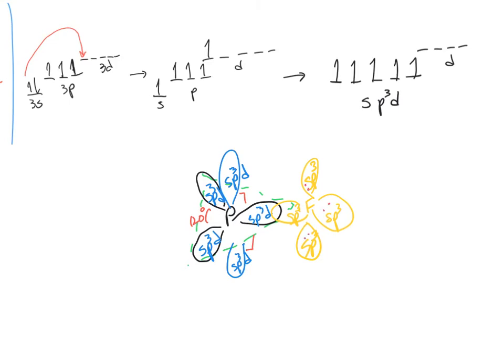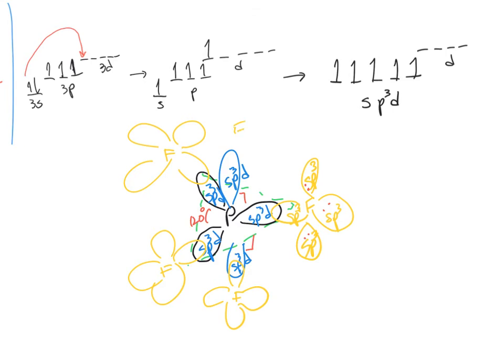Okay, it gets complicated, right? So for each one of these, it's the same, sp3. And now if you actually read about this in your book, it says that fluorine is kind of an exception. It's got quite a bit of p character and not so much hybridization. It's got some, but not a lot, I guess.